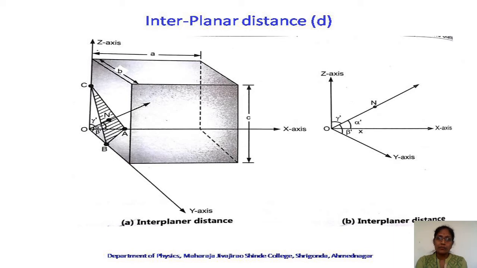Now, the angle between NOA is alpha, NOB is beta, and NOC is gamma. Now you have to find out the cos alpha dash, cos beta dash and cos gamma dash values. Either you consider alpha dash, beta dash, gamma dash, or you can write alpha, beta, gamma. Anything you can prefer.